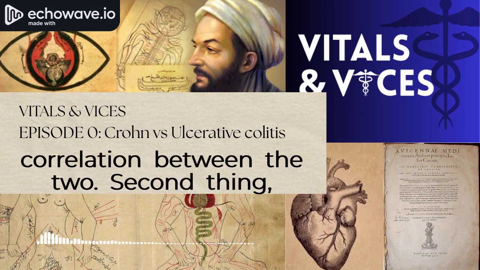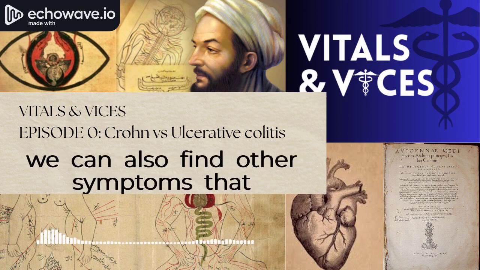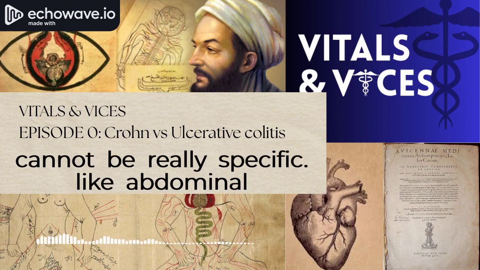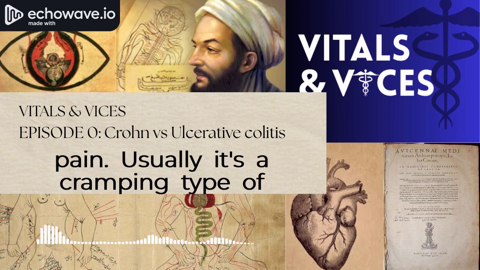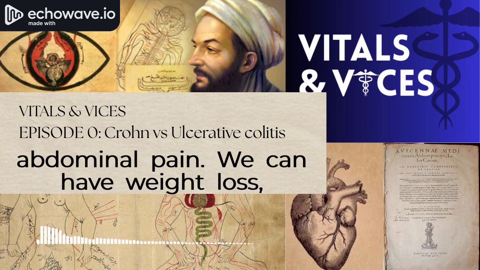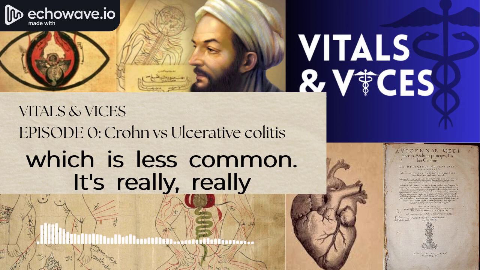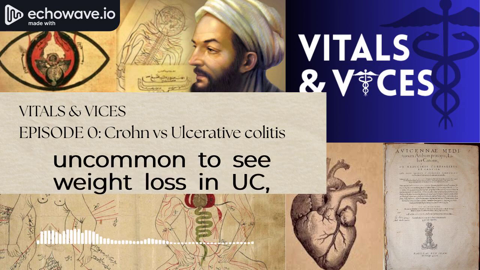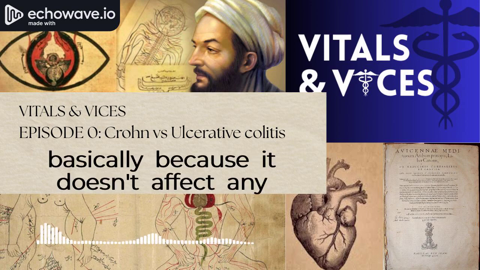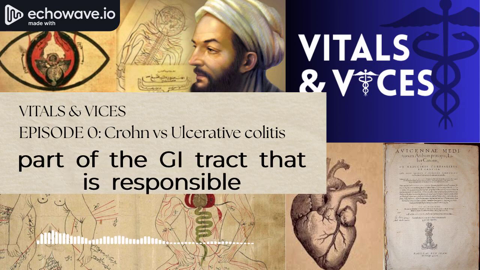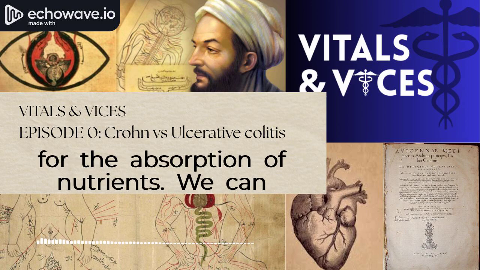Second, we can also find other symptoms that are not really specific, like abdominal pain. Usually it's a cramping type of abdominal pain. We can have weight loss, which is less common. It's really uncommon to see weight loss in UC, basically because it doesn't affect the part of the GI tract that is responsible for the absorption of nutrients.